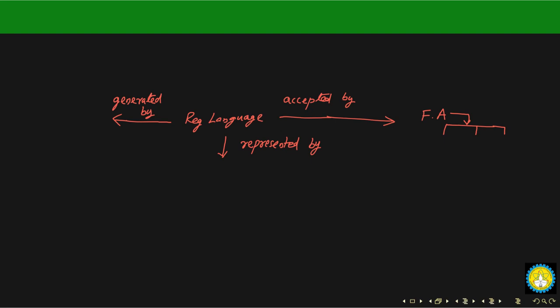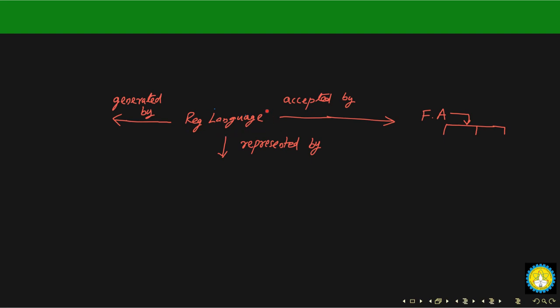Now, before actually moving on to solving the problems, let's revisit something which we have already seen in one of our earlier videos. Remember that if you're given a regular language, hope you are very much aware of the differences between a regular language and a non-regular language.